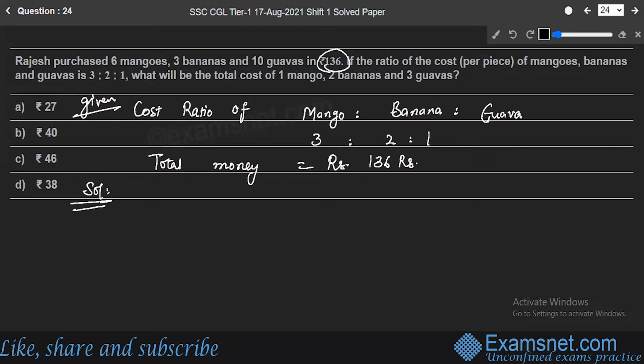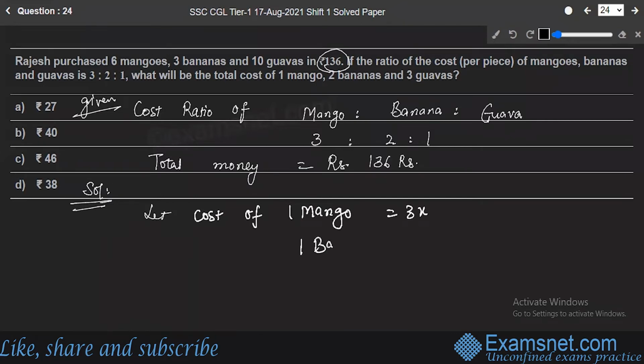So the cost of 6 mangoes will be 6 into the cost of 1 mango. So we'll say let the cost of one mango be 3x.